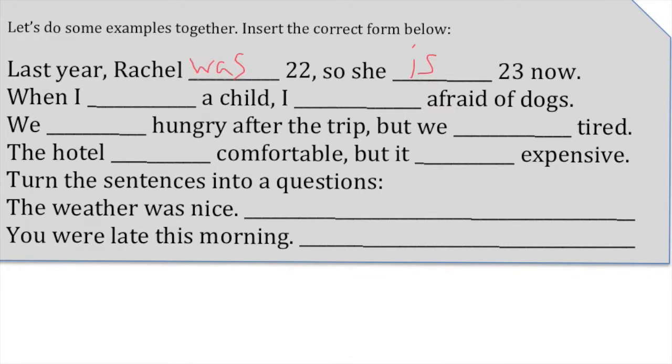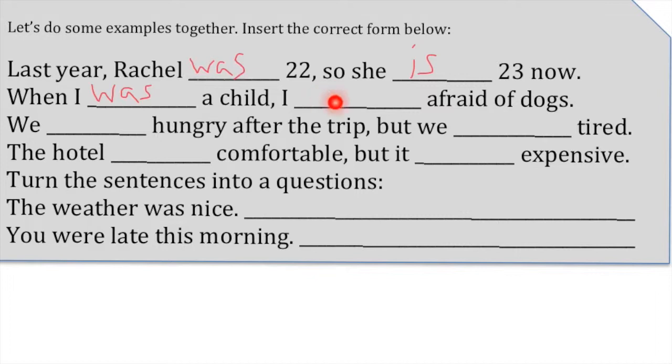So the next one. When I blank a child, I blank afraid of dogs. Let's make these both positive here. When I was or I were. Was a child. Actually, let's make this one negative.